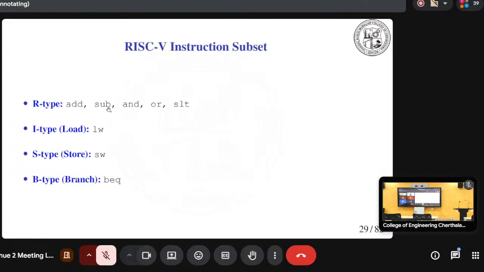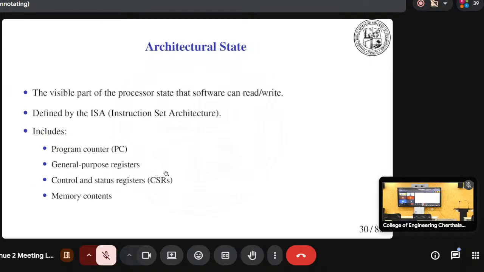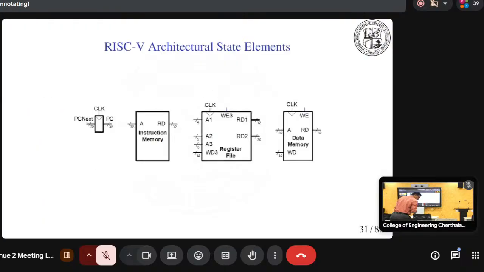So if we see the RISC-V instruction subset, we have R-type instructions, which are mainly arithmetic and logical instructions, for example subtract, etc. And we have I-type instructions, which include load instructions. S-type instructions are store instructions, and B-type instructions are branch instructions. So we have a program counter, an instruction memory, a register file, and a data memory.